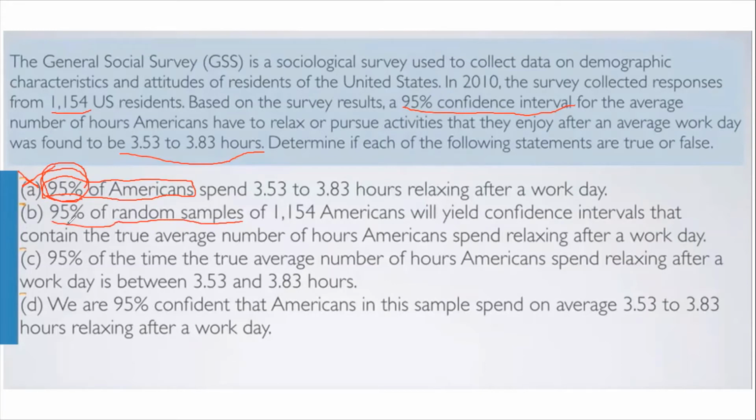I think it is true, but I could be wrong.